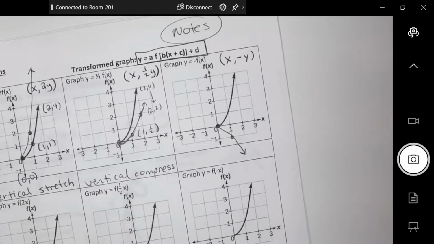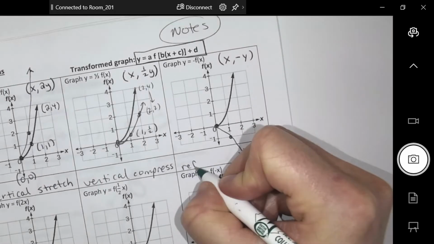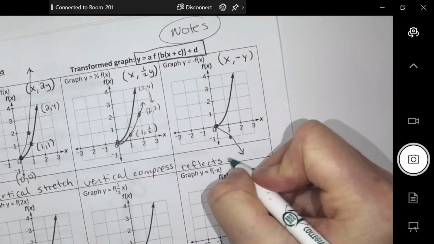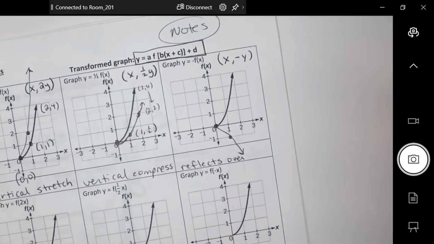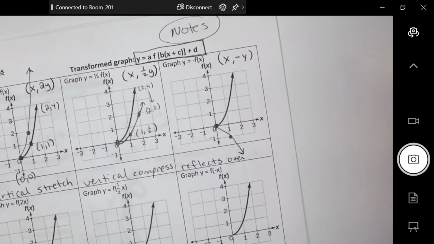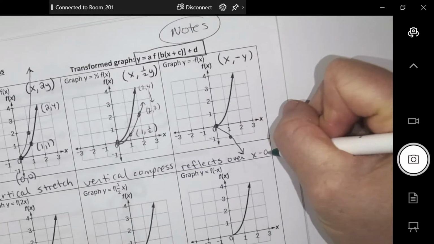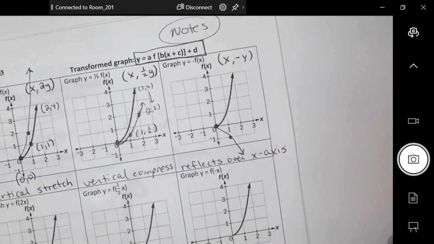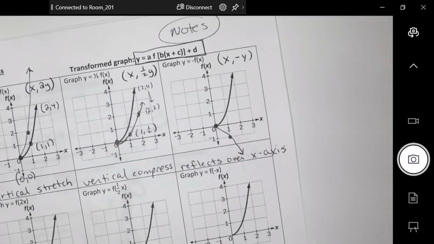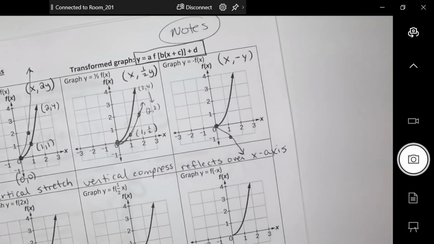So that would be the new shape. So that is called the reflection. It reflects over the x-axis. You could also call it a vertical reflection. That would be good as well. Almost everybody just thinks this one reflects over a certain axis.